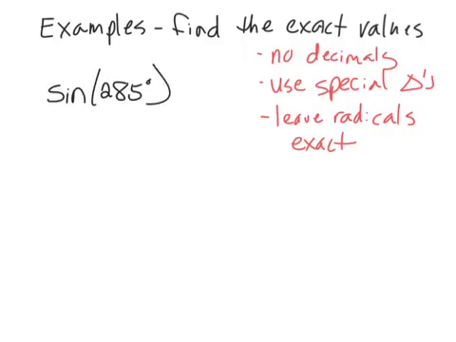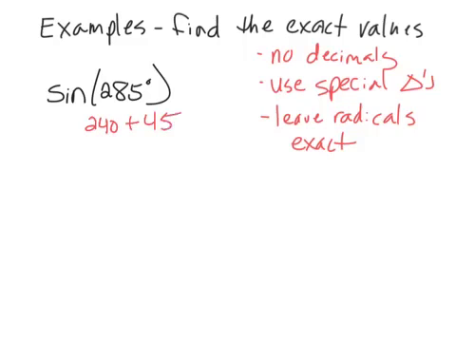We're going to start off with finding the exact value of the sine of 285 degrees. So 285 is not one of our special angles, but we can find it by taking the sum or the difference of some of our other special angles. In this case, 285 can be broken up into 240 plus 45.